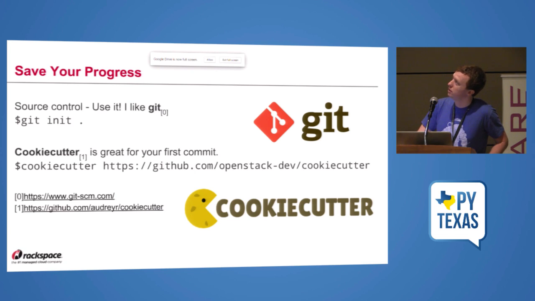And a good tool to use to create the skeleton of your project is called Cookiecutter. It's really easy to use. All you have to do is call it from the command line in your project directory, and you can feed it a repository that it creates the skeleton from. For Arsenal's case, I use the OpenStack Cookiecutter skeleton because it provides a lot of different tools kind of out of the box.